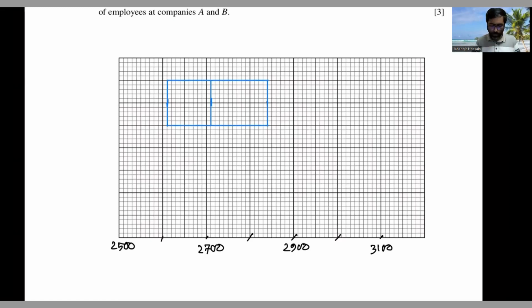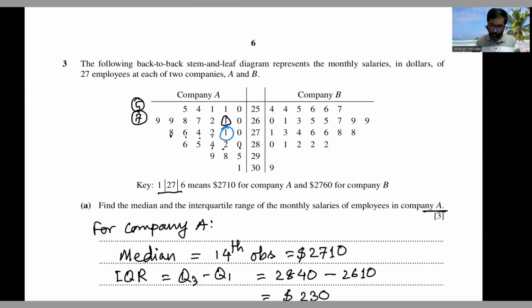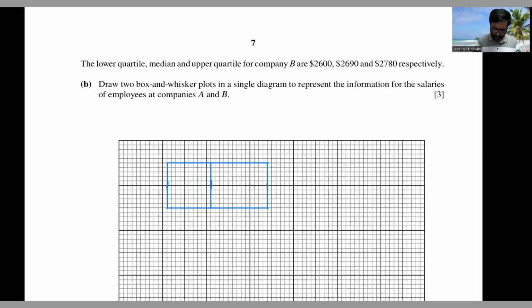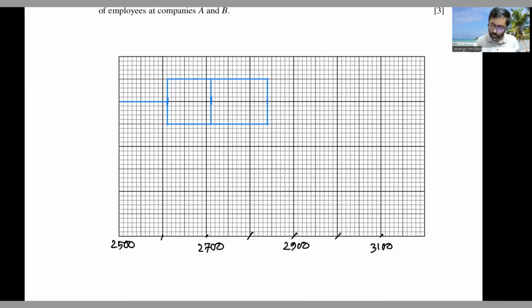And the lowest salary for company A is 2500. Highest salary 3010. So 2500, and the highest salary up to 3010. Okay, that's the box plot for company A.